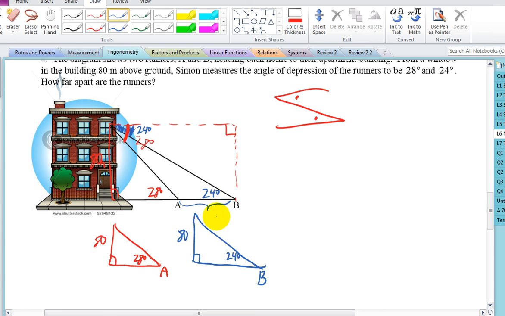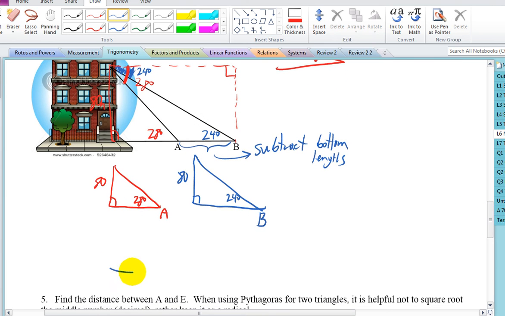In order to find that, you would subtract the bottom lengths. So if you have B and you take away A, what's left over is the distance in between them. Okay, so that's what we're looking at doing, is doing a subtraction now.